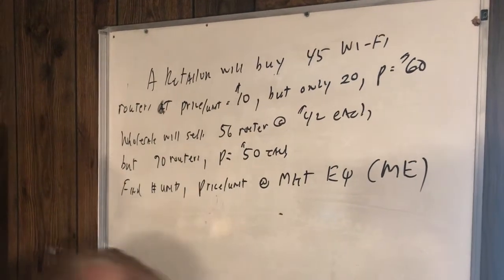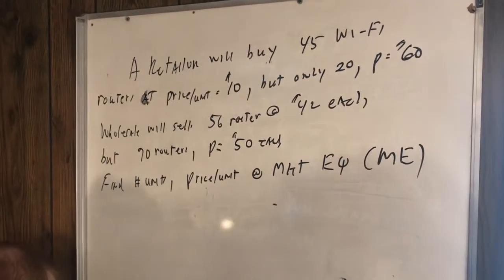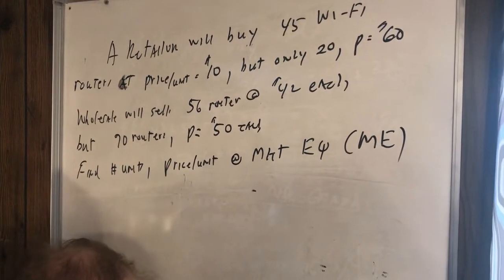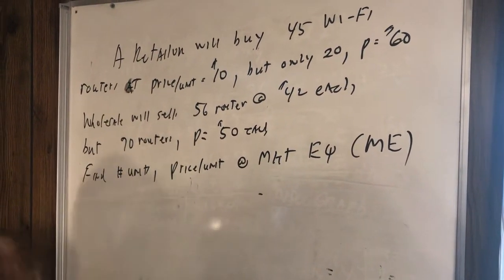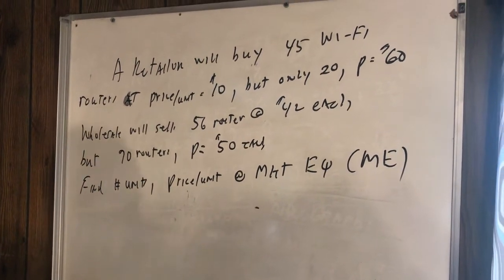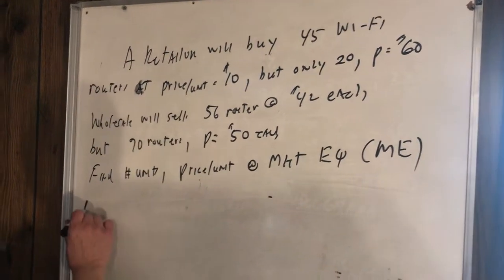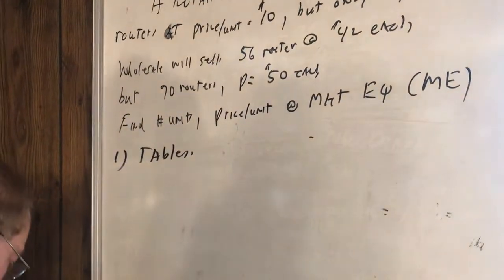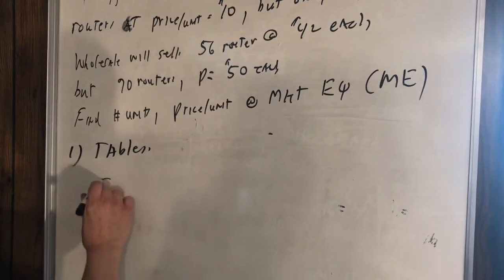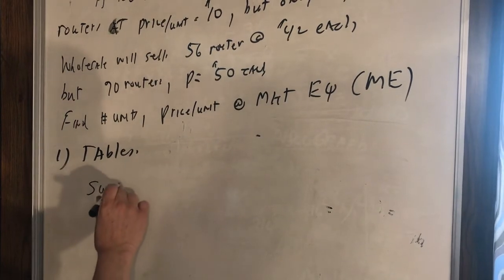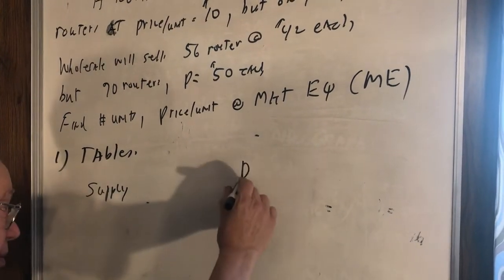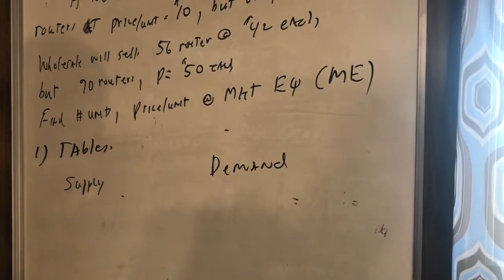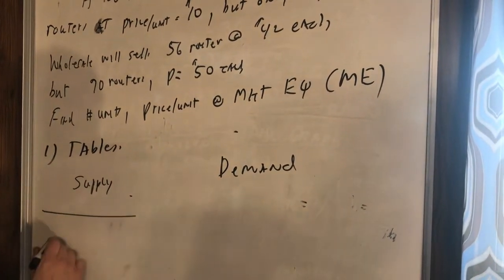All right, the first thing you must do here is to form a table. And I have to say, this is one of the ones that most people get wrong, even though I go over it 180 times. So the first thing is to get your tables. You want to form a supply table and a demand table. A supply table would be your wholesalers.